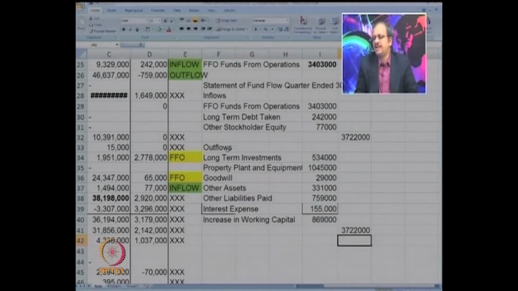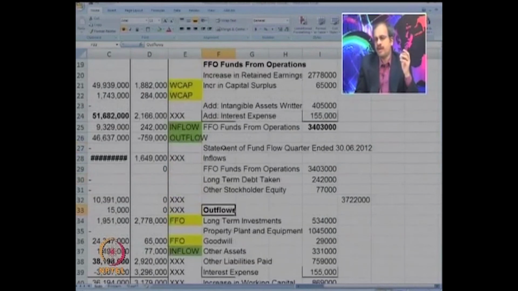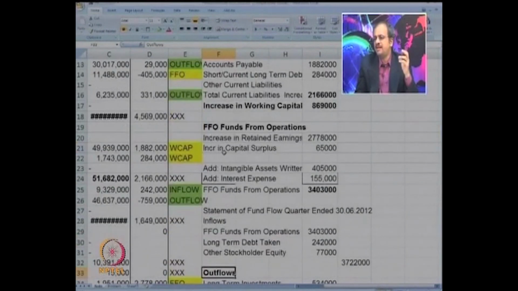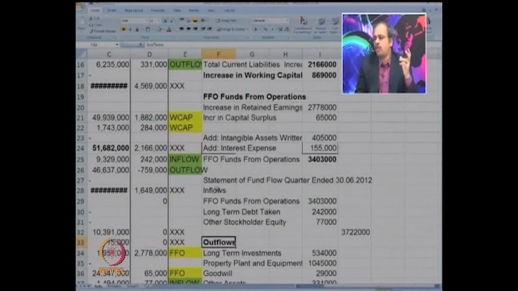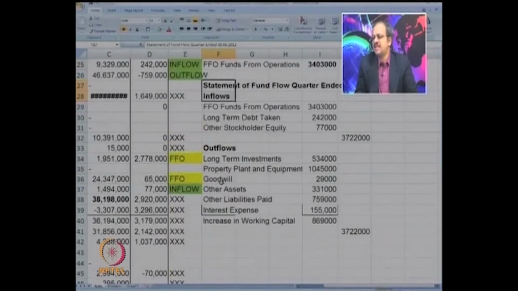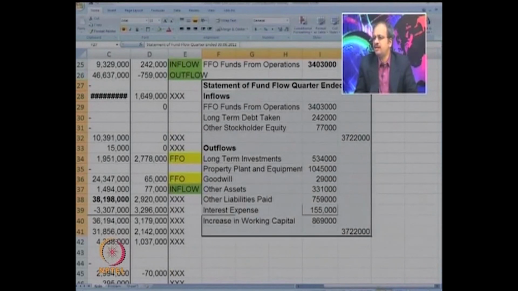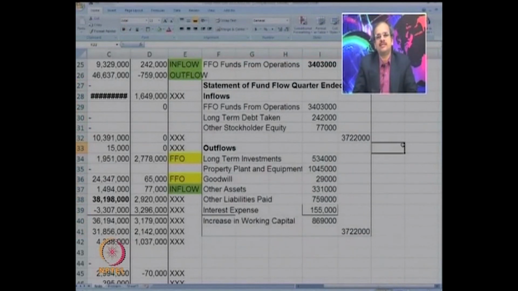Keep in mind that increase in working capital is one of the important outflows, and FFO or fund from operations is one of the important inflows. So here the statement is ready. Now try to look at the statement carefully. I hope you have understood the process of making it.